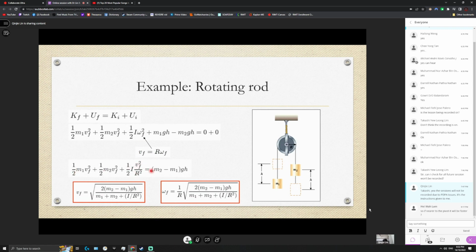Down here, in this particular equation, there's only vF, which is the unknown. So we're going to make that the subject and solve for it. On the right, if you have your vF ready and want to find your omega, it's very easy, just refer back to this. If you have this, you can get this. Okay, that's what it is.